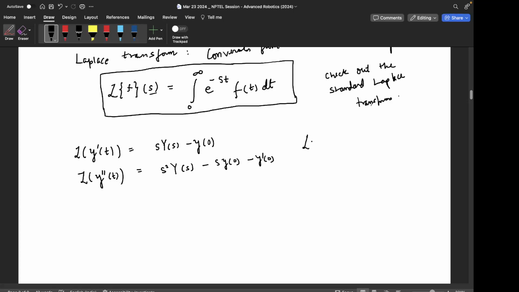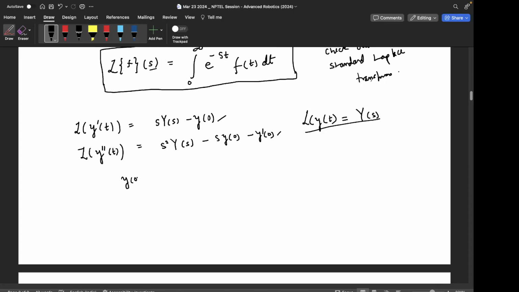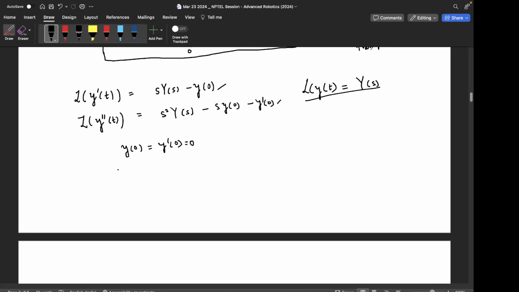And here, what is capital Y(s)? It is the Laplace transform of only y(t). So if this is known, then we can write these two expressions, and of course the initial conditions. What we will assume right now is that the initial conditions are all 0 for easier bookkeeping, and what we'll do is take the Laplace transformation of the differential equation we wrote above.